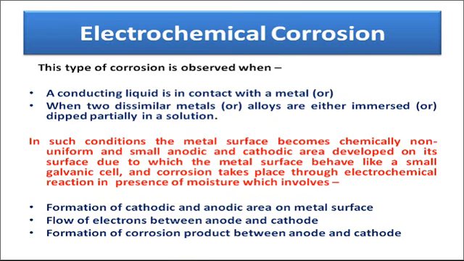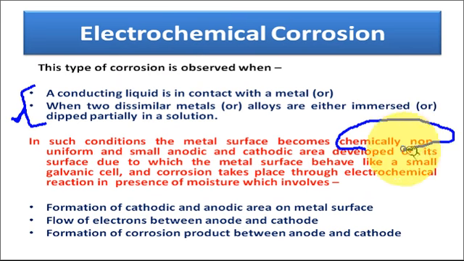So what important things are we going to discuss here? First, in any one of these two conditions, the metallic surface becomes chemically non-uniform.